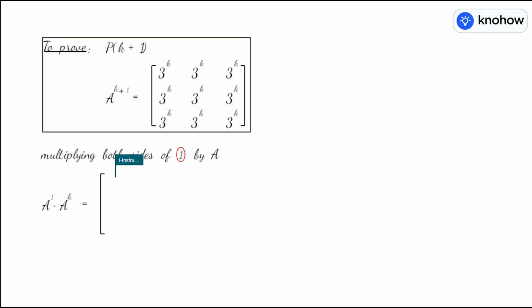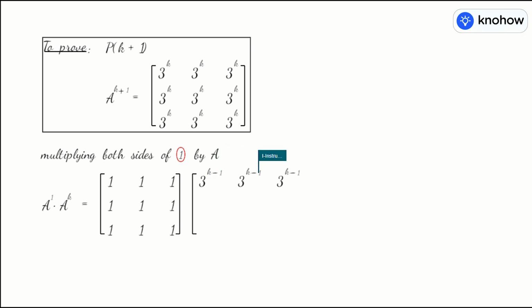On the right side you write A, that is the matrix of all ones, multiplied by A to the power k, where all the elements are 3 to the power k minus 1. So on the left side you get A to the power k plus 1.